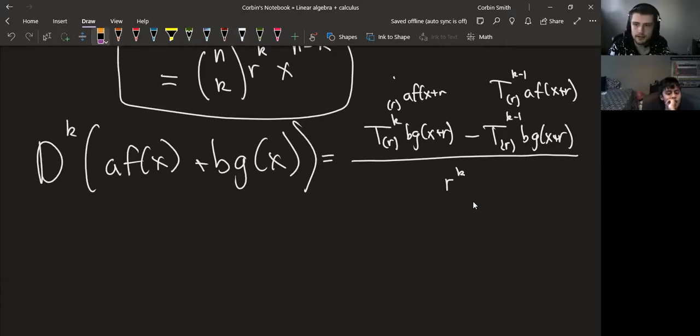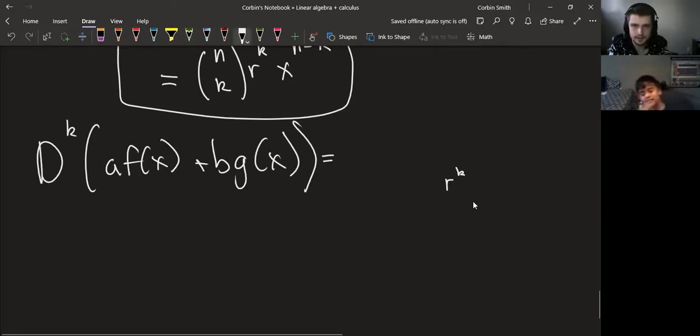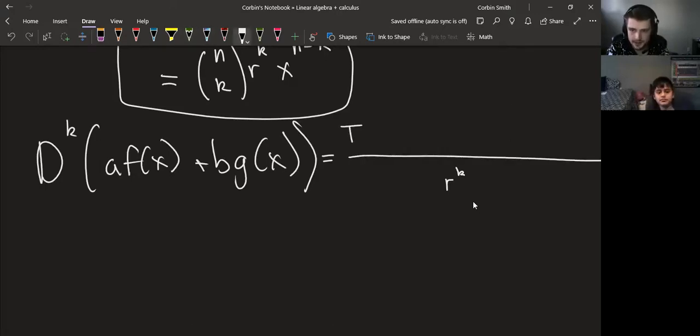Actually, I skipped a step. My apologies. Let me rewrite this. The step that I skipped is, this is t_k a f. I'm going to suppress the x plus r now. No, I shouldn't do that. Let me write this correctly. It needs to come out correct.